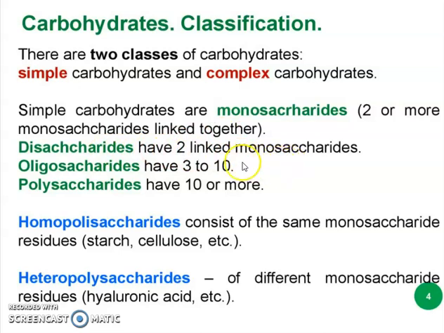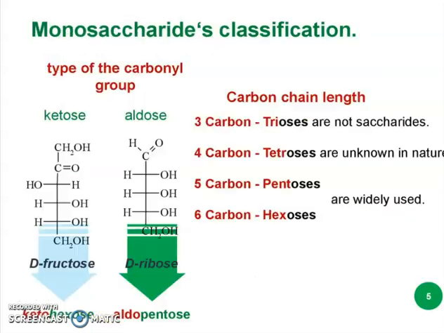Disaccharide is two monosaccharides linked. Oligosaccharide has 3 to 10 monosaccharides, and polysaccharide has 10 or more. Homopolysaccharide and heteropolysaccharide: homopolysaccharide consists of the same monosaccharide residue, starch, cellulose. Heteropolysaccharide consists of different monosaccharide residues, hyaluronic acid.